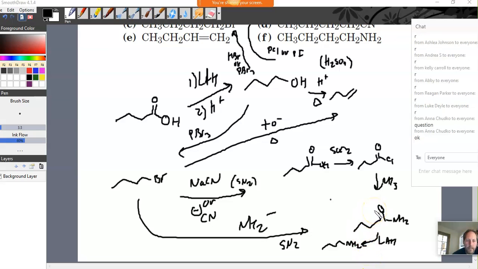It's kind of the same thing as this reaction here. With the LAH, I'm basically removing the carbonyl and everything else is staying. That's not how the mechanism works, but that's basically how it's doing it. I'm getting rid of that carbonyl and everything else is staying. That's kind of how you can look at it. Yep, no problem.